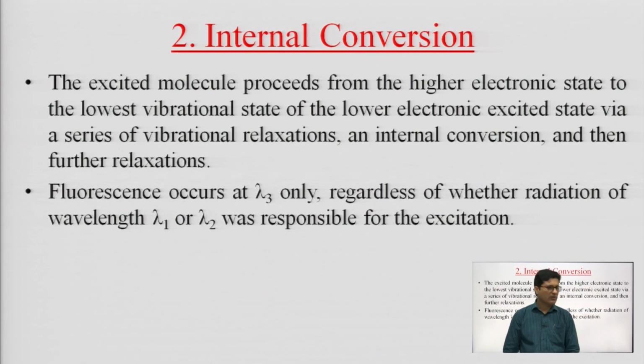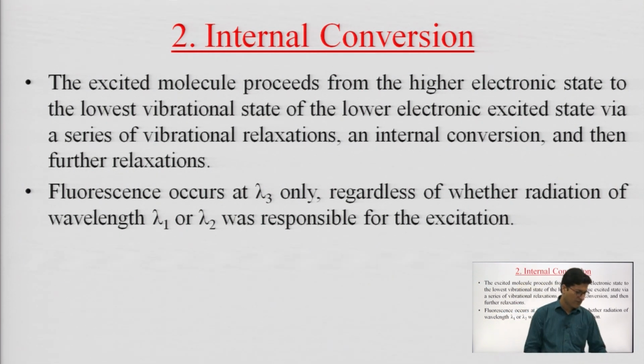So, the excited molecule generally proceeds from a higher electronic state to the lower vibrational state of the lower electronic state via a series of vibrational relaxations and internal conversions, and then further relaxations. So, fluorescence occurs at lambda 3 only, regardless of whether radiation lambda 1 or lambda 2 was responsible for the excitation.